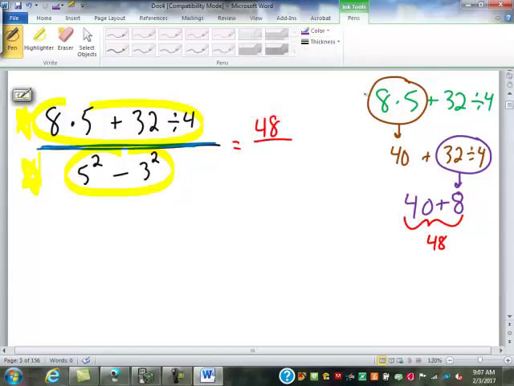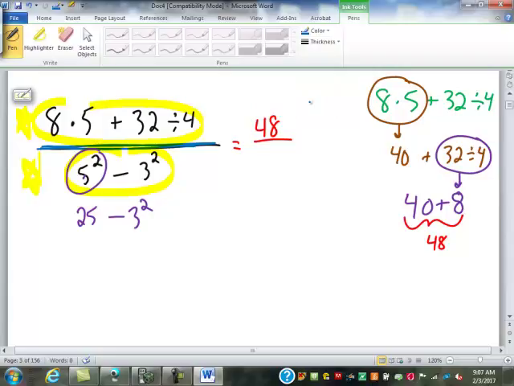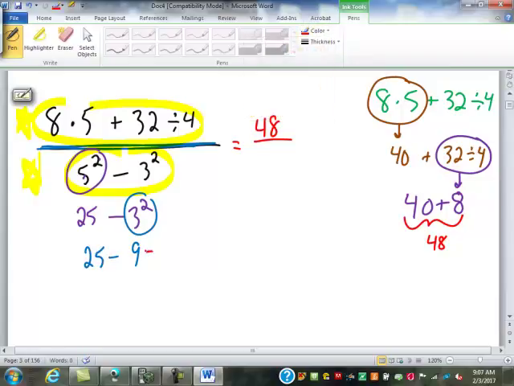On bottom, what has to happen first? We have our exponents. 5 squared is 25. Now notice I didn't try to do both of them at once. I'm just doing one step at a time. Now I'll do the 3 squared, which is 9. Excuse me. 25 minus 9 is 16.